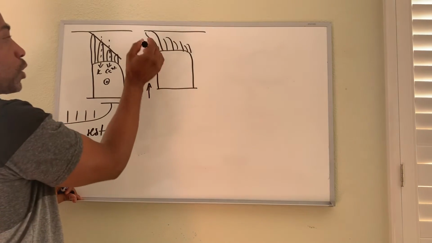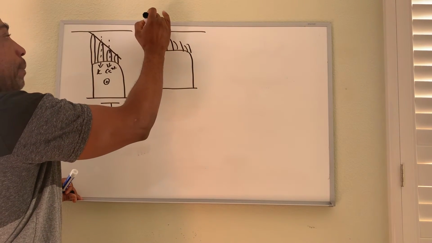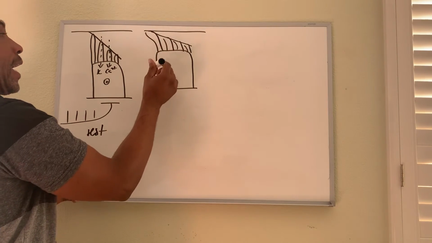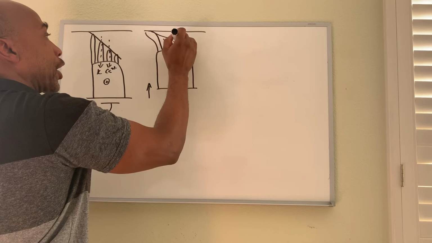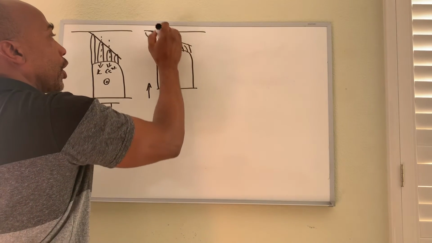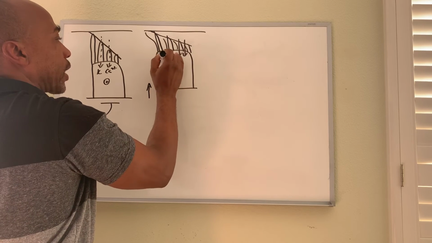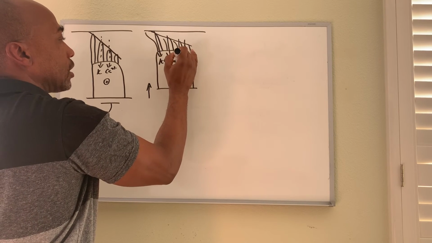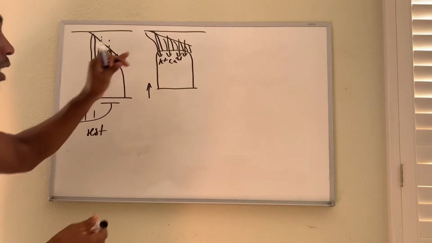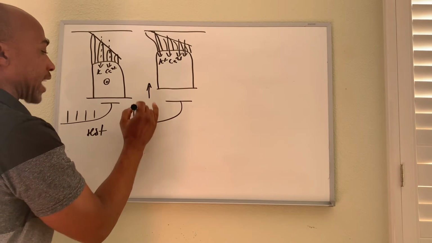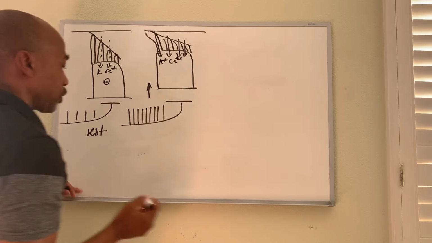When the tall one bends, the tip link pulls the other channels open, so more ions jump into the cell. More potassium and calcium ions come into the cell when it goes up, and that causes more action potentials.